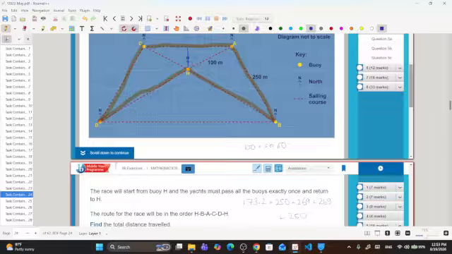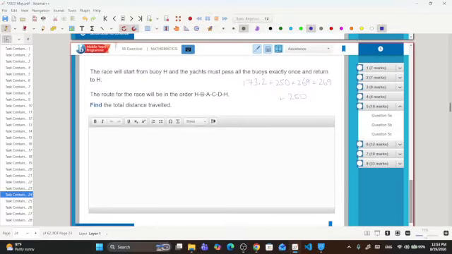If we were to add all of those values together, what answer would we get? 173 plus 250 plus 250 plus 269 plus 269. That's 1211 meters in total. So that's how we write our final answer. 1211 meters.